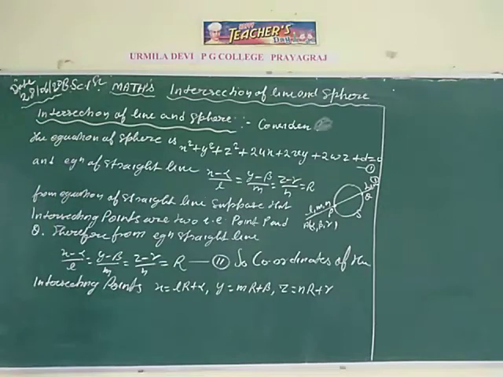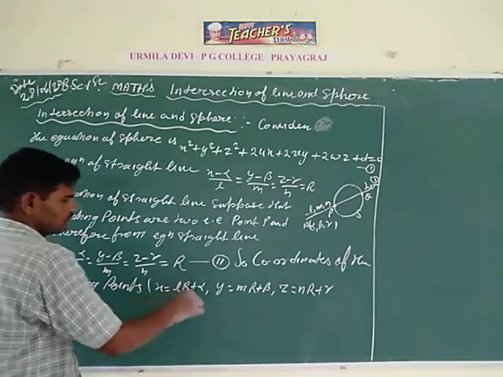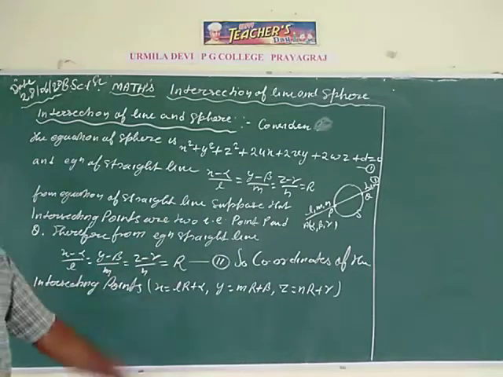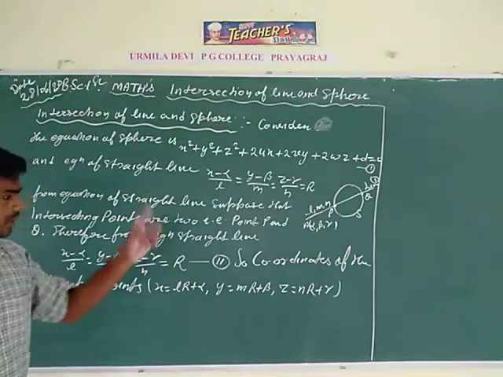These are the coordinates of the intersecting points x, y and z. You know that the intersecting points must lie on the given sphere, equation first.